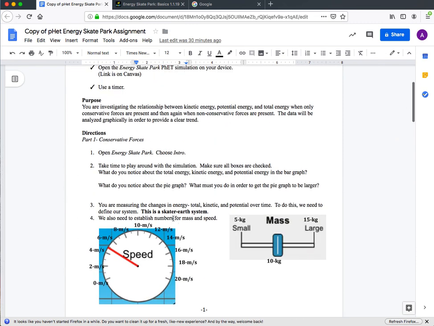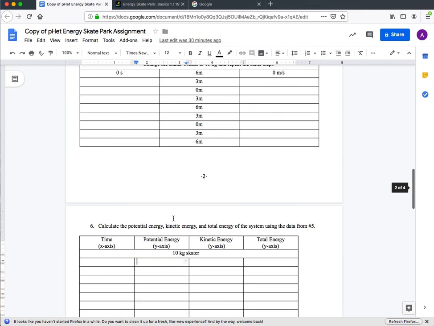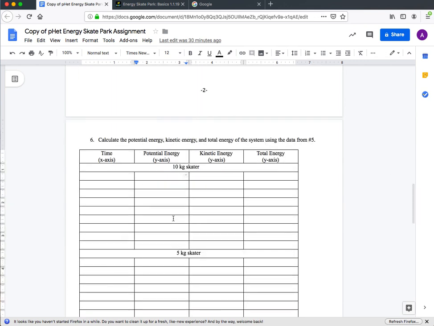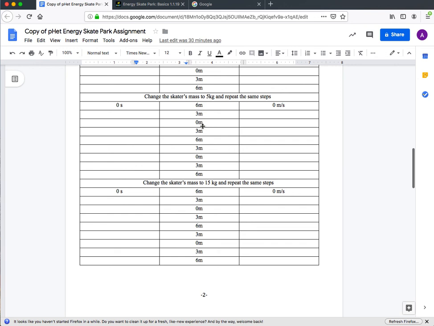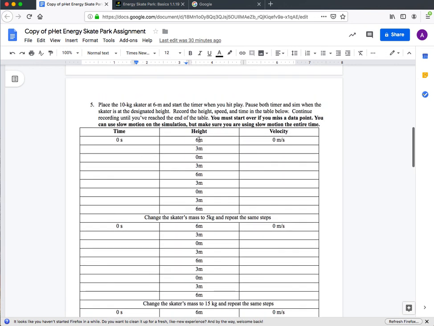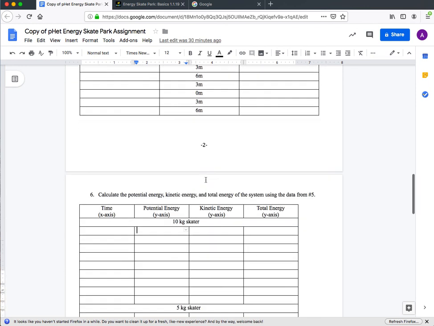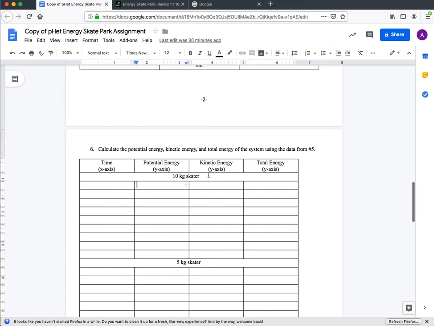Well, here on Earth, my gravity is 9.8. So it's going to be 10 for the mass times 9.8 for gravity times your height. So I look, it's either going to be 6, 3, or 0. Okay, so you'll notice a very clear pattern as you start calculating your potential energy.